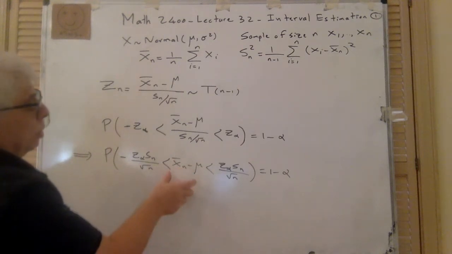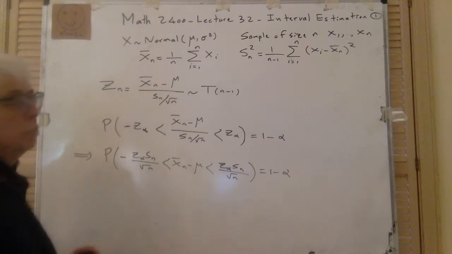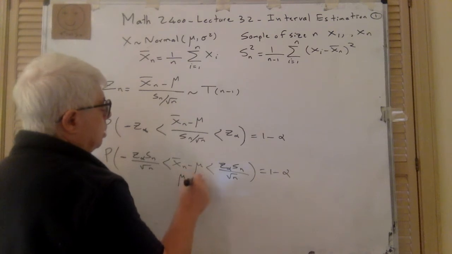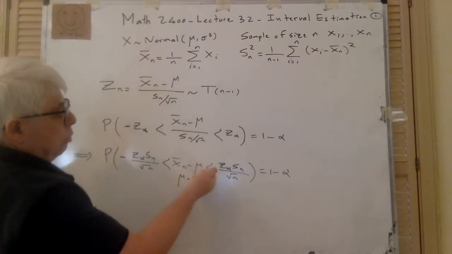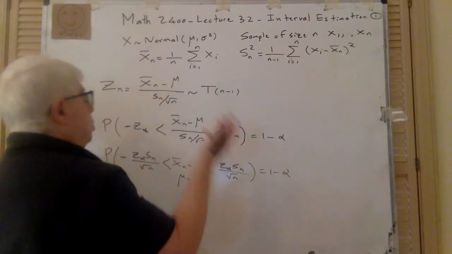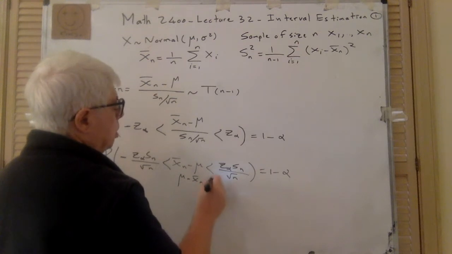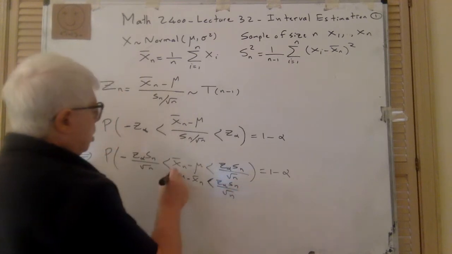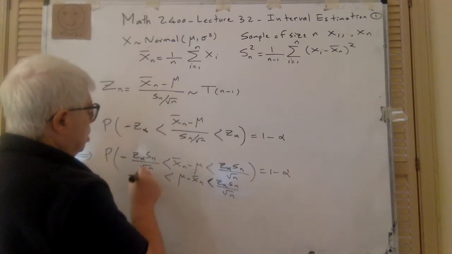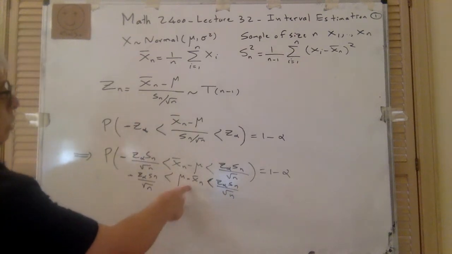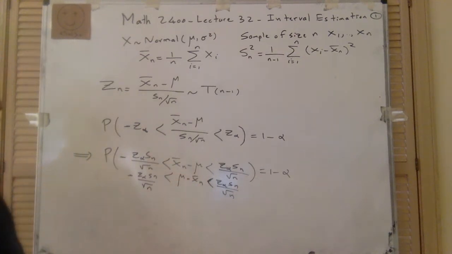So if I multiply all three sides by minus 1, this is what happens. I will get mu minus x bar n, and you see they are flipped. So this flips this way, this one flips this way, and if I just flip the whole thing, I will get the same thing. And on this side the same thing, minus Z alpha Sn over square root of n. So now if I move x bar n here and here, I will get this nice statement.